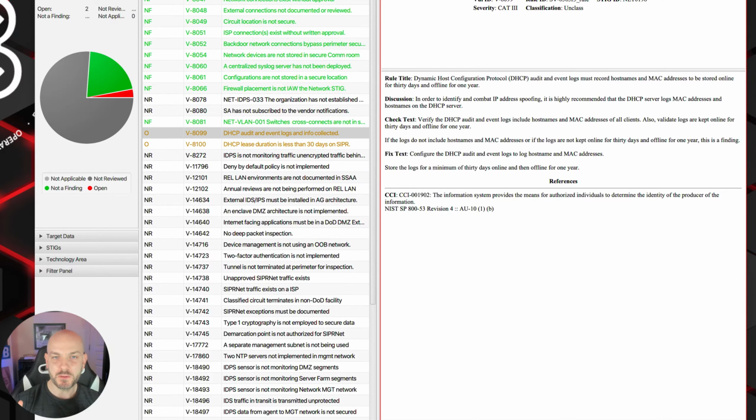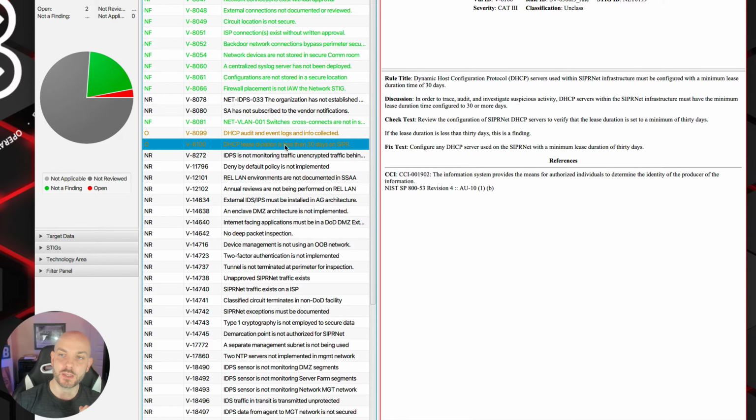The other thing that's here within the checklist that's important to talk about is your lease duration, right? That's going to be how long a host is going to be holding on to the IP address that they get assigned. The important thing here, which helps with troubleshooting and helps with security, is that you want those lease durations to be a significant period of time.